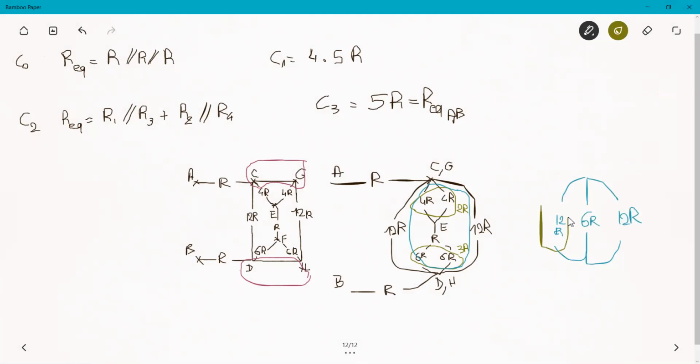Start by doing these two in parallel, you end up with 6R. So if you just take this one and this one, they are in parallel, and this is going to make you 6R, correct? Then you end up with 6R in parallel with 6R, which makes 3R.